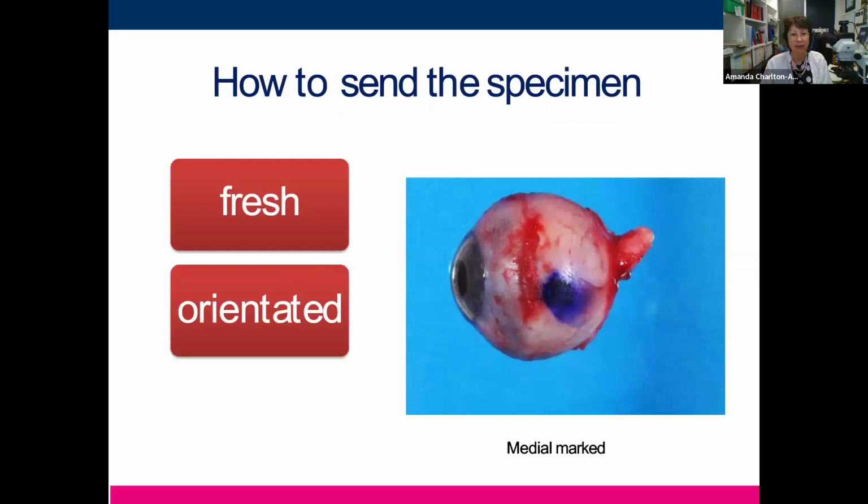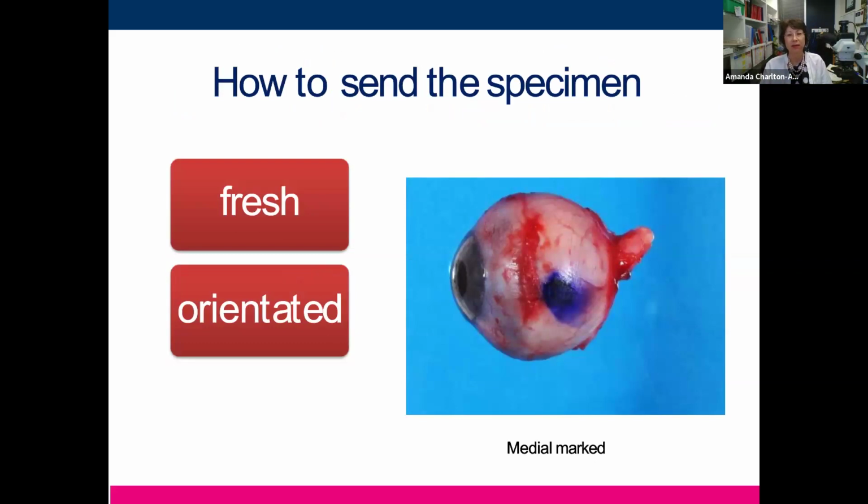Right, how to send the specimen. This is how I like to get them, fresh and orientated. How about you, Diane? Well, I like to get them like that too. You don't need to send melanomas fresh. No, melanomas, formalin. So this is special. Why do we need to receive it fresh? Type in the chat, don't press enter.